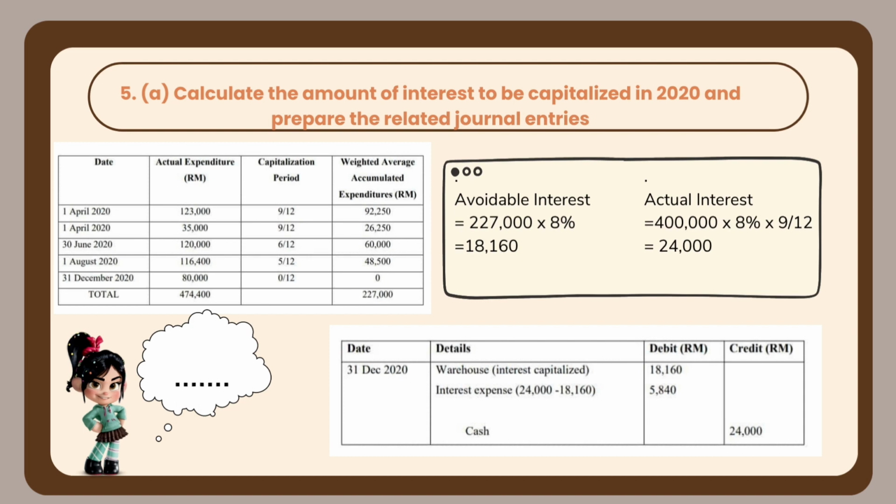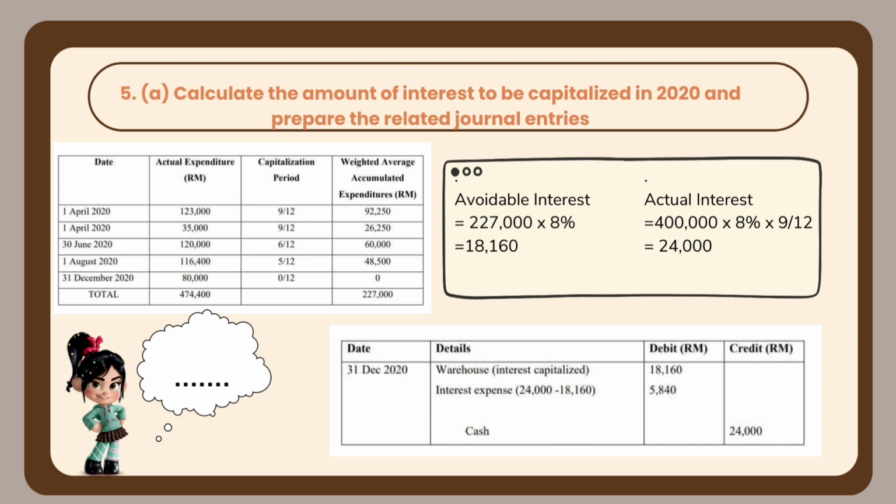Calculate the amount of interest to be capitalized in 2020 and prepare the related journal entries. Actual expenditure 474,400 ringgit. Weight average accumulated expenditure 227,000 ringgit. To calculate avoidable interest, 227,000 ringgit times 8% and get 18,160 ringgit.